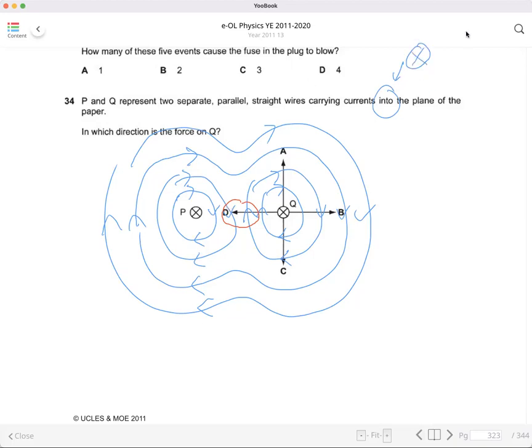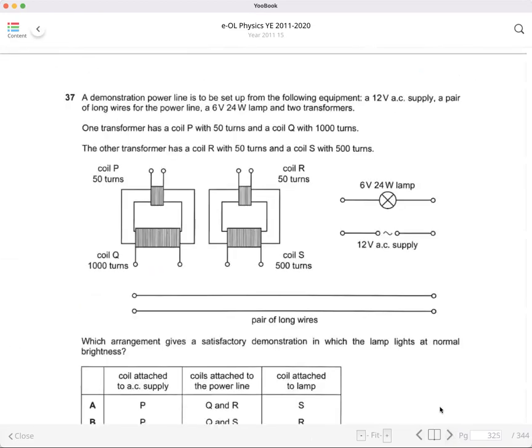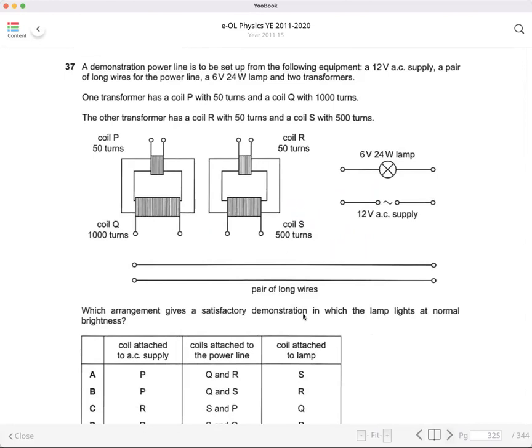Okay, we're ending. Let's continue. Question 37.